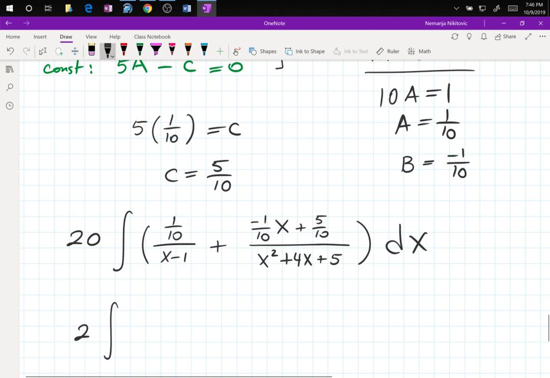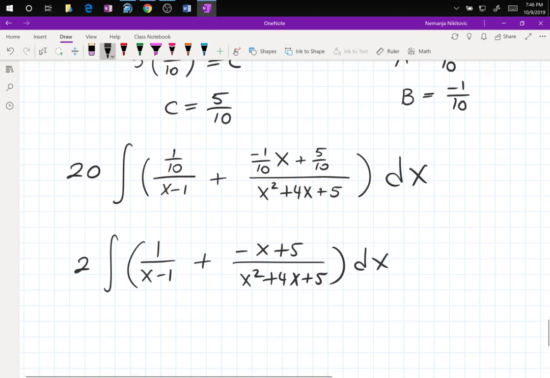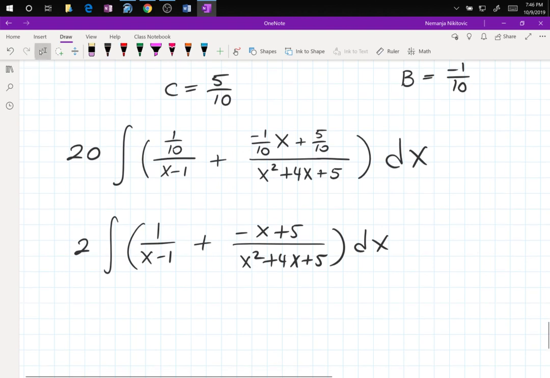And we have 1 over x minus 1 plus negative x plus 5 divided by x squared plus 4x plus 5, everything dx. Great. So that's 2 separate integrals.